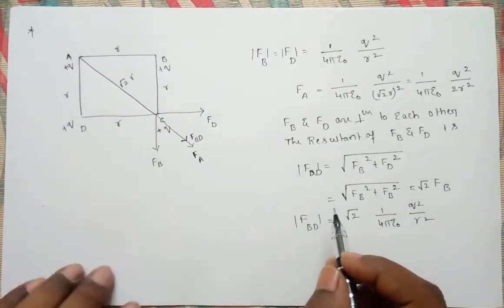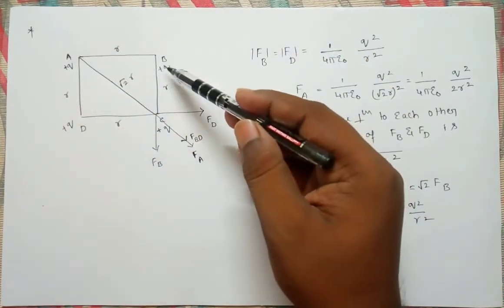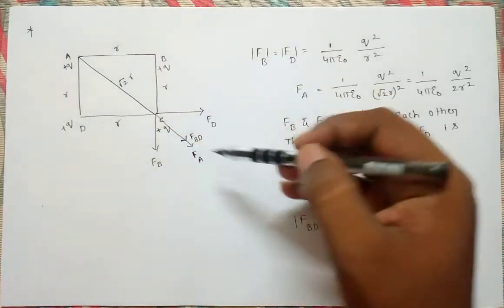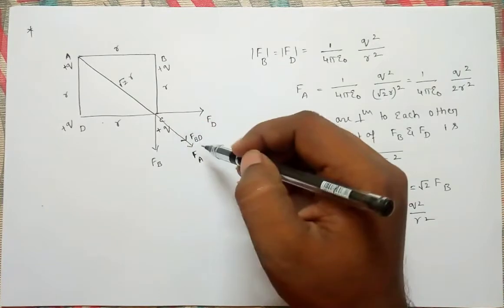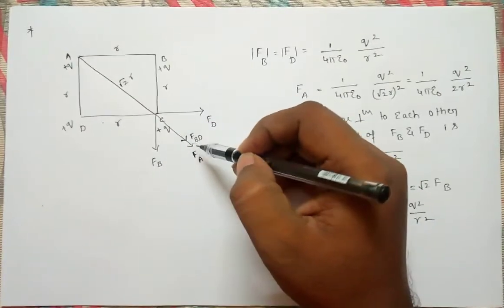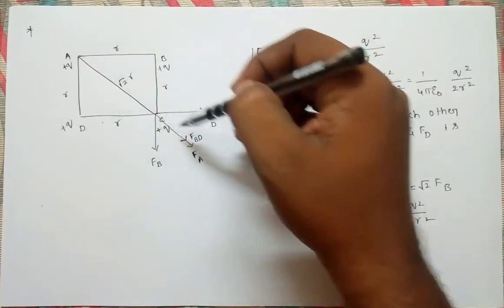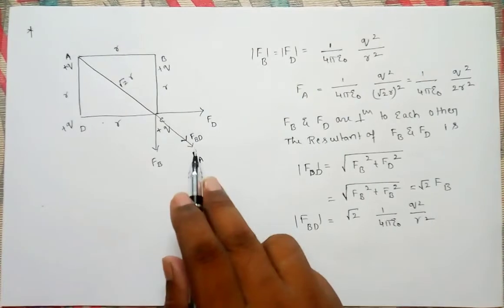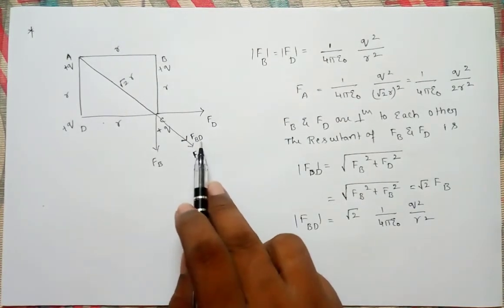Now you observe, the force exerted by B and D is along the diagonal direction, away from C. In the same way, the force exerted by the charge at A is also along the same direction. Then the resultant will be the summation of FA and FBD. Both forces are in the same direction.